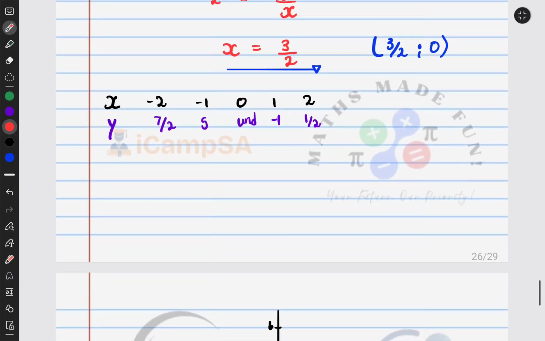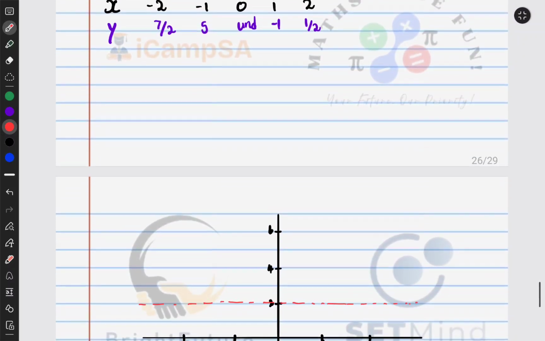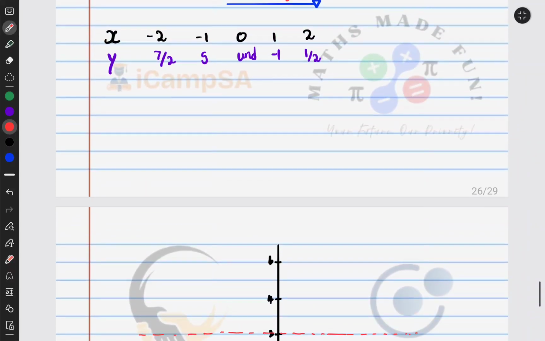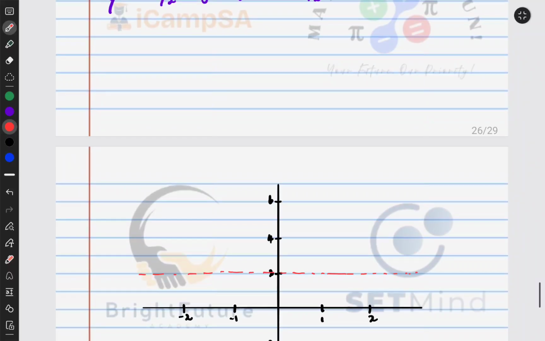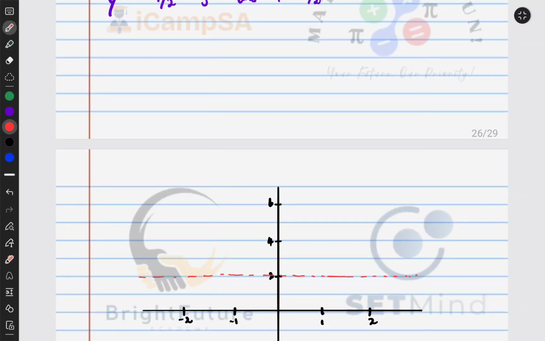Now for the points: negative 2 goes with 7 over 2, which is 3.5. Negative 2 goes with 3.5, so we're going to have a point there.